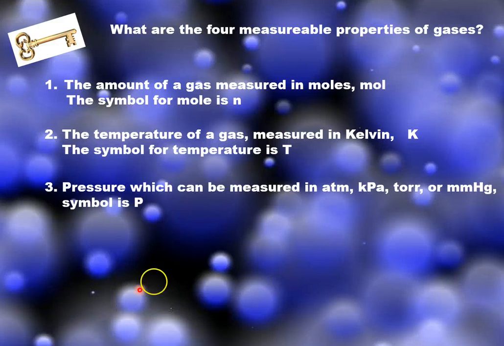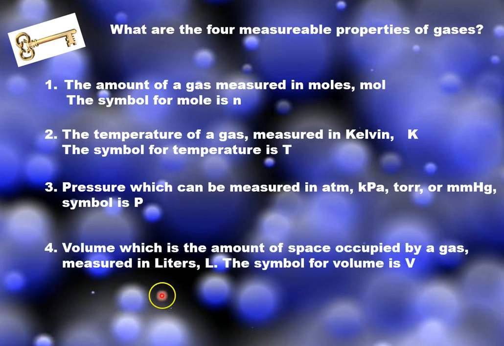Now the third is pressure, and pressure can be measured in atmosphere, kilopascal, torr, or millimeters of mercury, as you had already done some pressure conversions. The symbol for pressure in equations is a capital P. And lastly, we have volume, and that is the amount of space that's occupied by the gas, measured in liters.